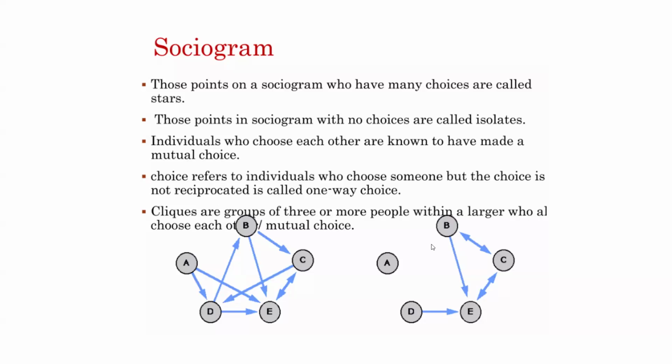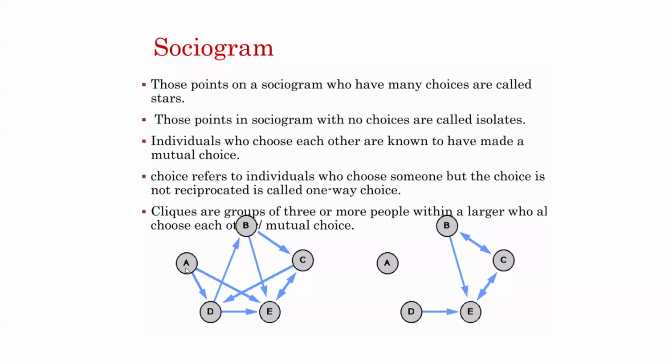Here, B chooses E, but E doesn't choose B. But B and C, two-way. A clique is a group of 3 or more people who all choose each other, or mutual choices. Here, this one, this one, this one.